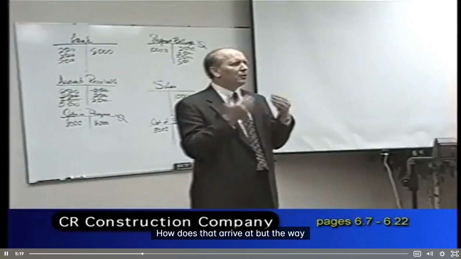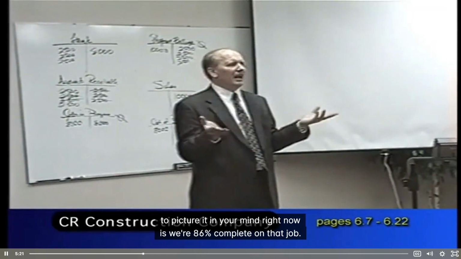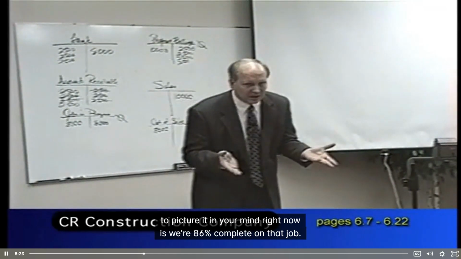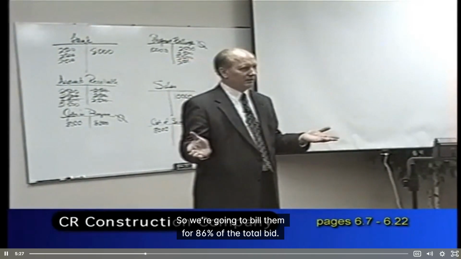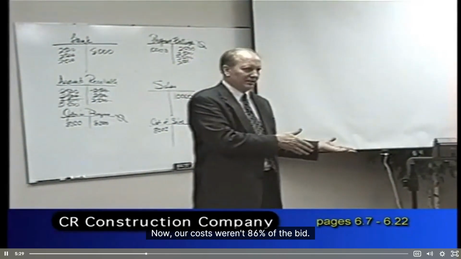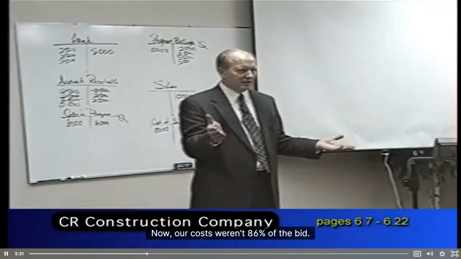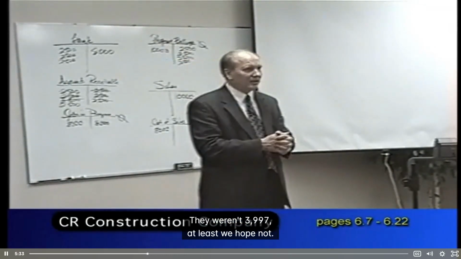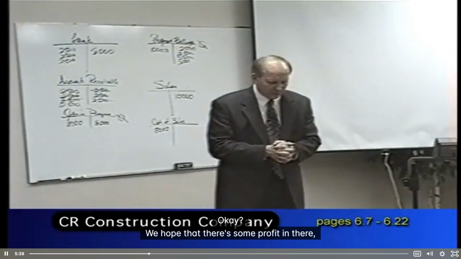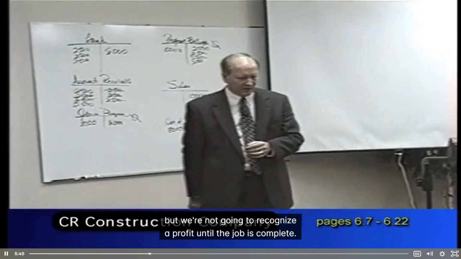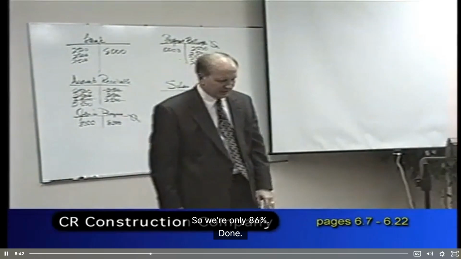But the way to picture it in your mind right now is we're 86% complete on that job, so we're going to bill them for 86% of the total bid. Now our costs weren't 86% of the bid. They weren't $3,997. At least we hope not. Okay? We hope that there's some profit in there, but we're not going to recognize the profit until the job's complete. So we're only 86% done.